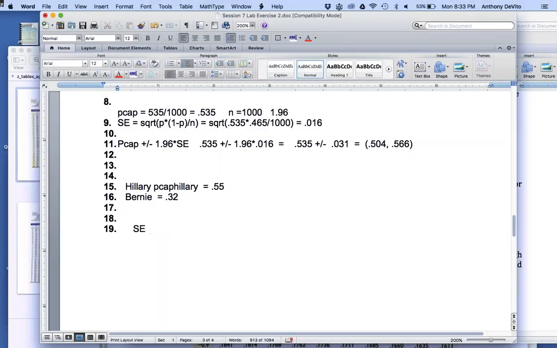And the standard error for a proportion is going to be equal to P cap times (1 minus P cap), all in parentheses, divided by n, and find the square root of this whole thing.